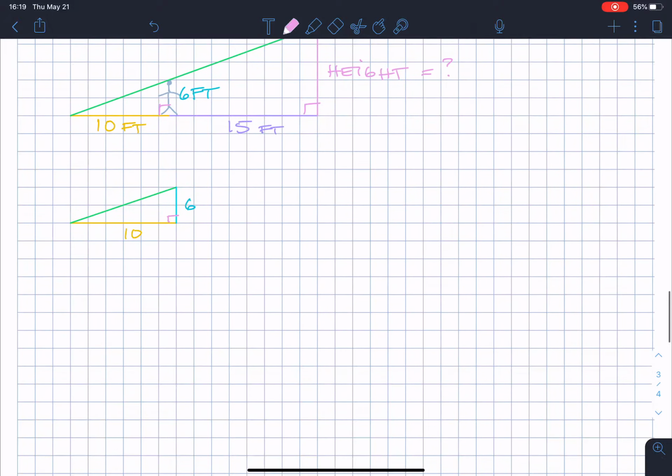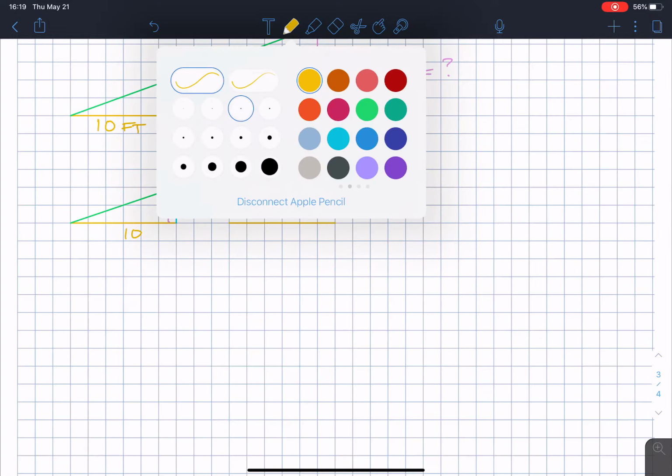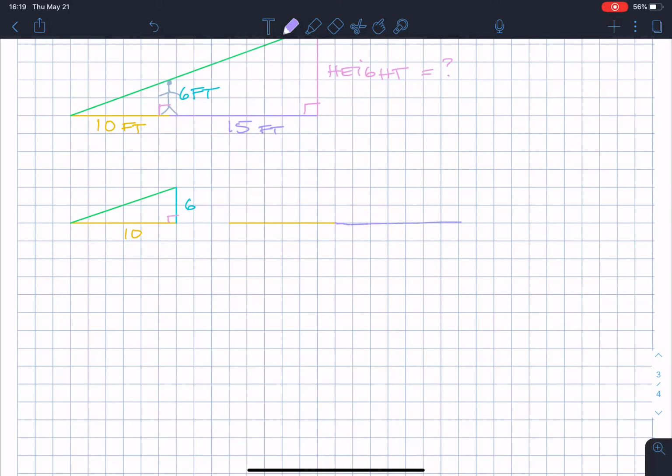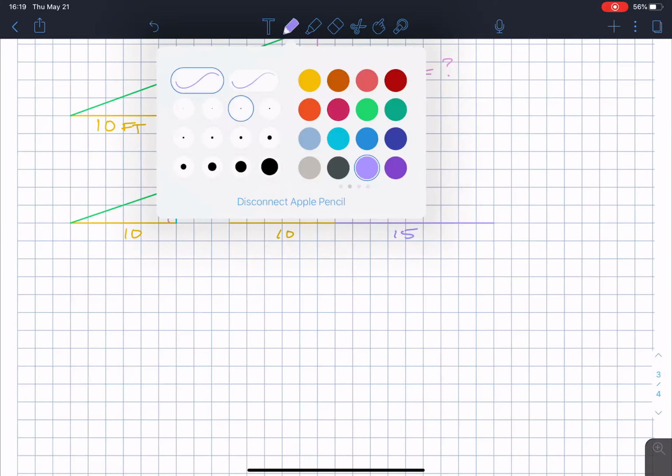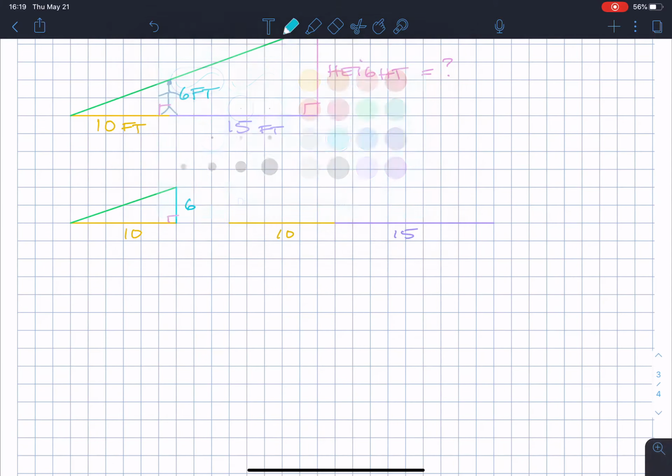But then I have the next triangle, which is 10 and 15. So I know that 10 plus 15 is going to give me a length of 25.